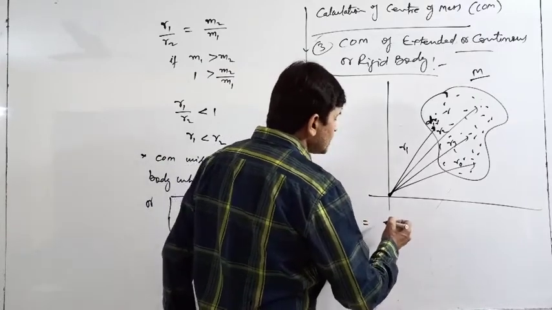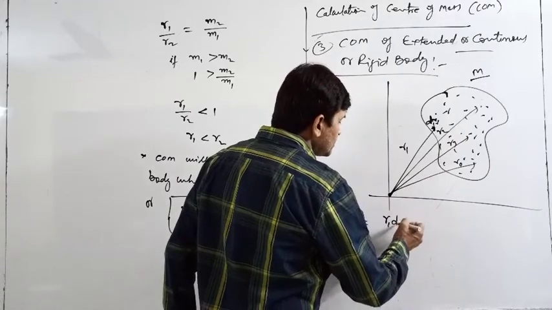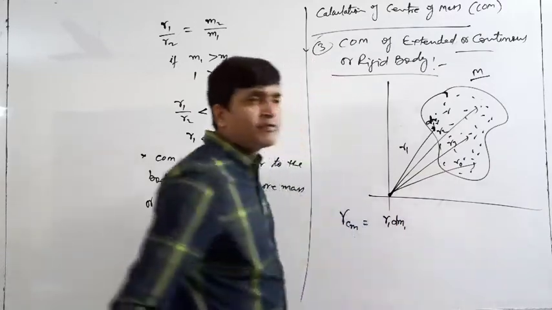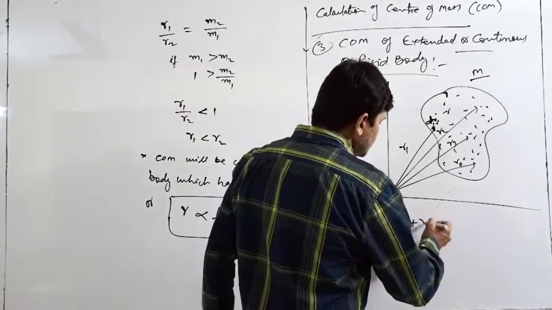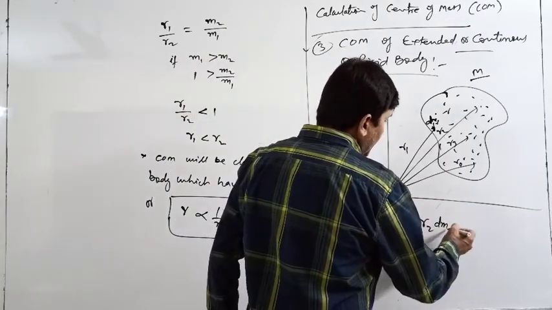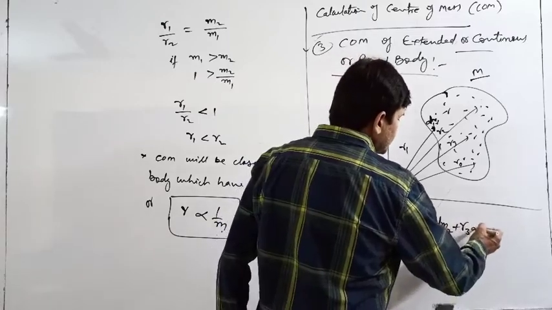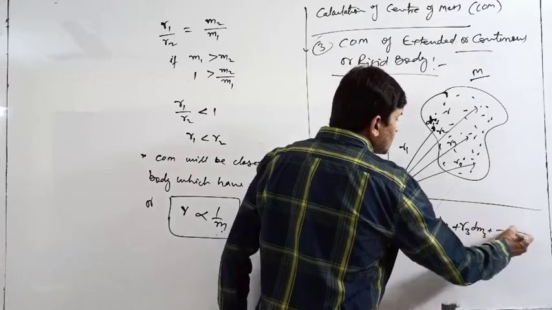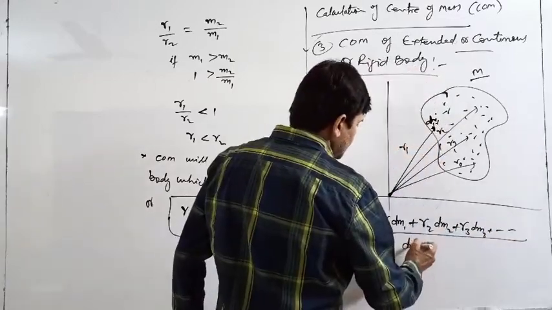I remember m1 r1, r1 into dm1, plus r2 into dm2, likewise, divided by total mass.